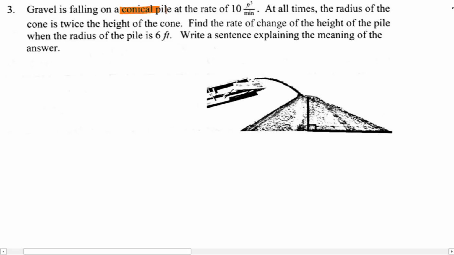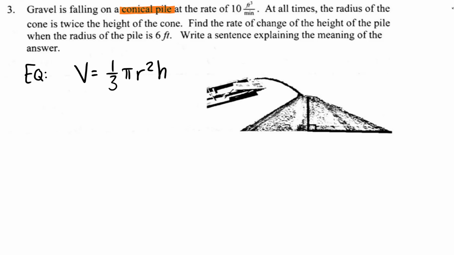So first I see conical pile. It looks like we're dealing with a cone, and it's being filled, so it looks like the volume of a cone. Now they said the gravel is falling at a rate of 10 feet cubed per minute, which means the volume of the cone is growing at a rate of 10 feet cubed per minute.